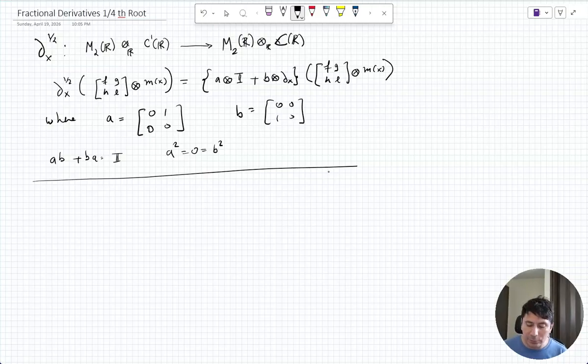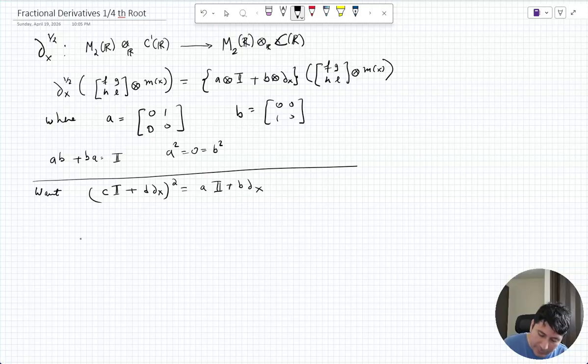Now we're going to do the square root of the square root, which will be the fourth root. So we want C tensor I plus D tensor derivative, squared, to be equal to A tensor I plus B tensor dx.